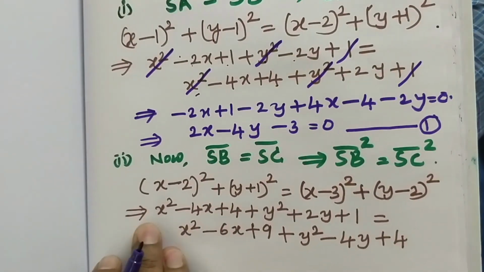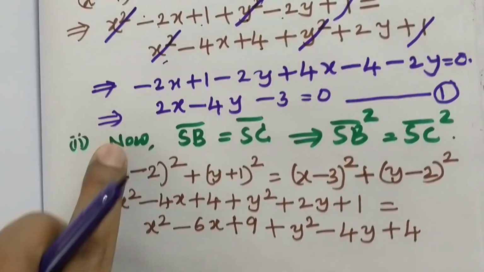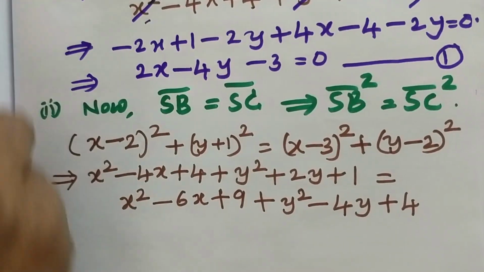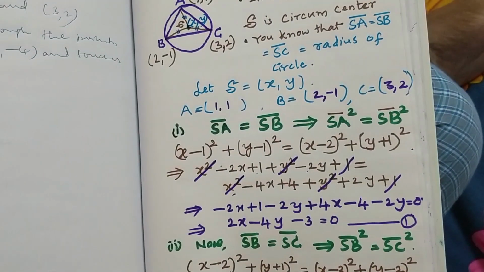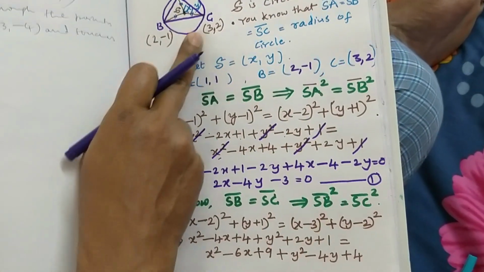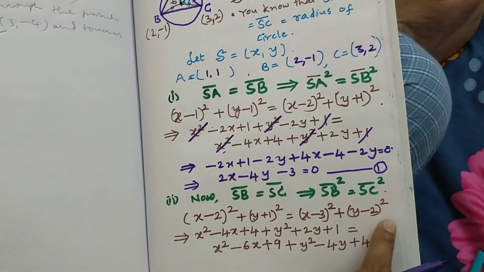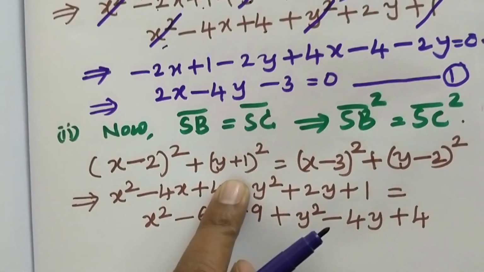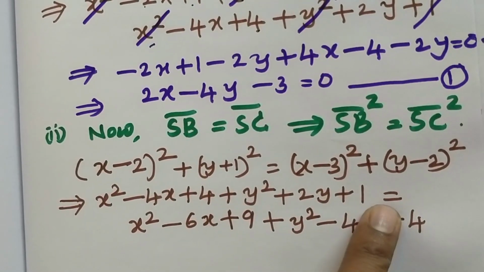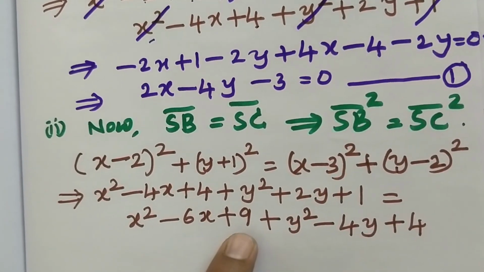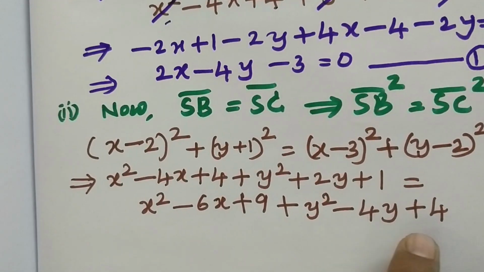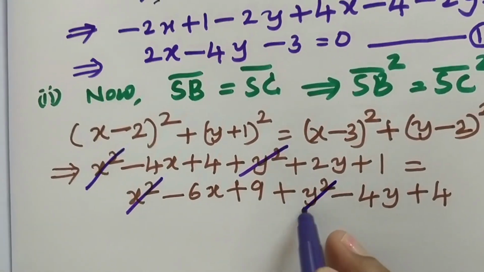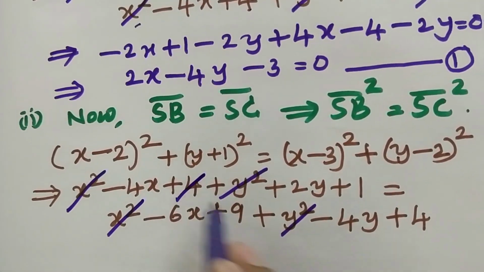In the same way, now you take SB is equal to SC. That means SB square is equal to SC square. That is (x - 2)^2 + (y + 1)^2 is equal to SC, means (x - 3)^2 + (y - 2)^2. On the expansion like that, x^2 - 4x + 4 + y^2 + 2y + 1 is equal to, this is x^2 - 6x + 9 + y^2 - 4y + 4. Here also you cancel x^2 on both sides, y^2 on both sides, plus 4 on both sides.